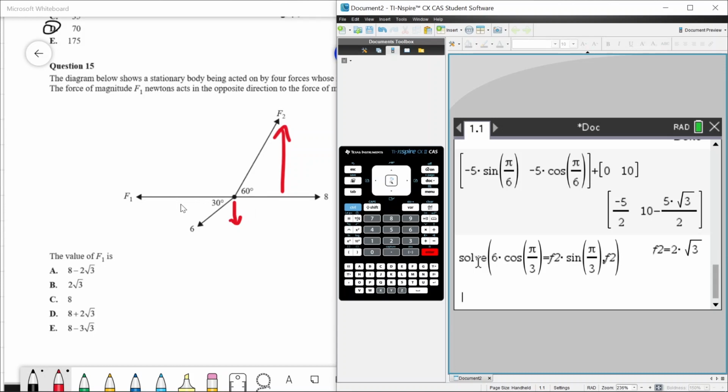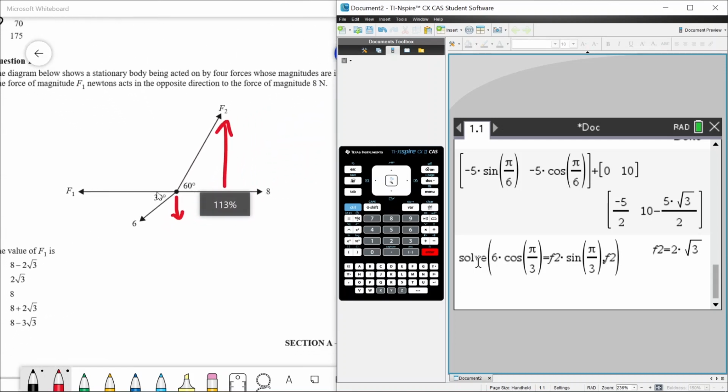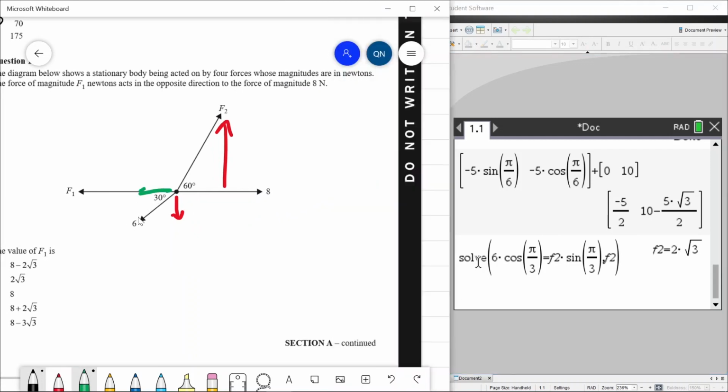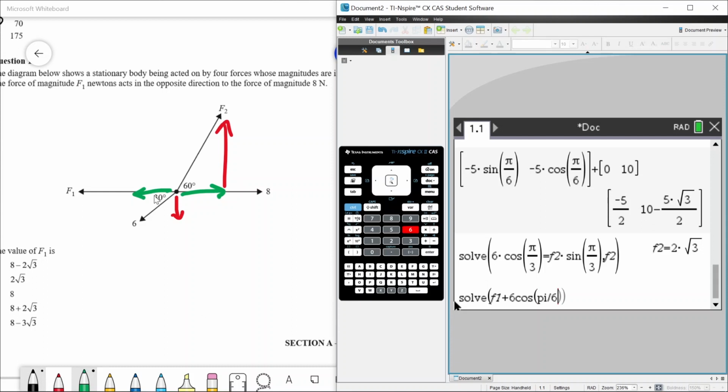Now we can resolve along the horizontal direction. So we've got F1 plus the components in the horizontal direction of the 6 Newton force, and then that should match the horizontal component of that F2. So solve F1 plus this green arrow on the left, that's going to be 6 times the cosine of 30, so cosine of pi on 6.